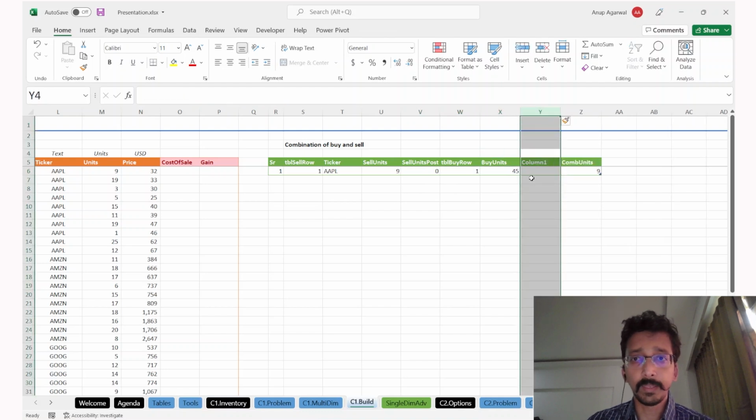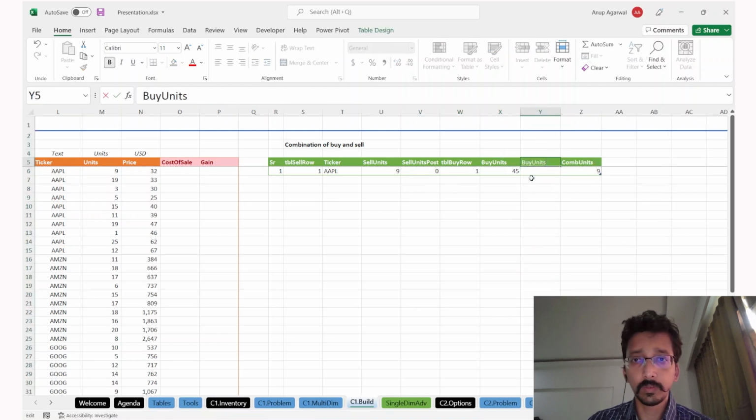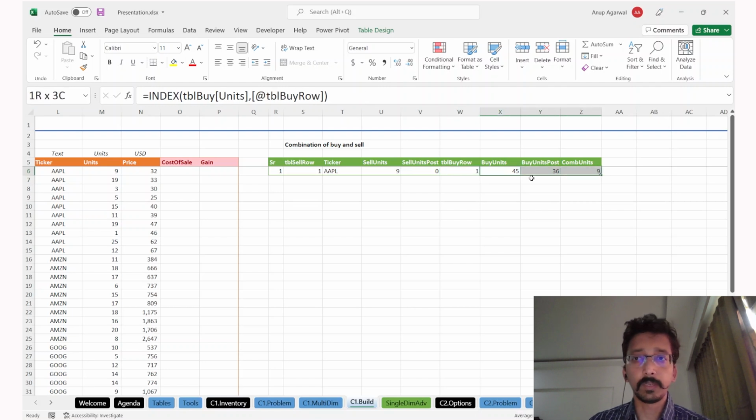And then how many buy units of this purchase, let's say post, are remaining to be allocated, which is 36. So of the first row, we have 36 units still balance. And then of the first sale row, we have nothing as a balance. So everything has been allocated.